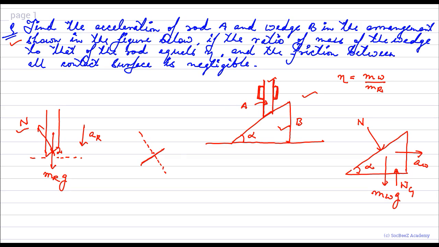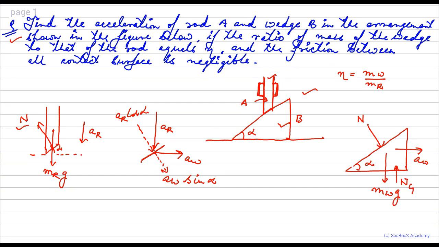So this is my acceleration of the wedge. Its component along this direction is going to be aw into sine of alpha. And this is my acceleration of the rod ar, and along this direction the component is going to be equal to ar cos alpha.